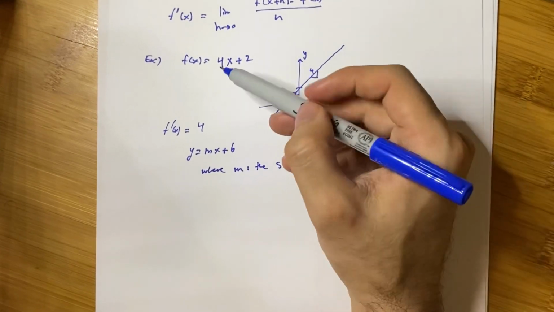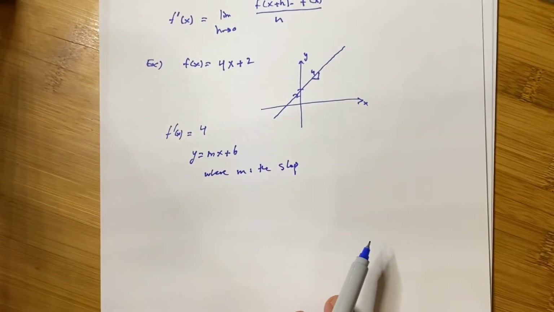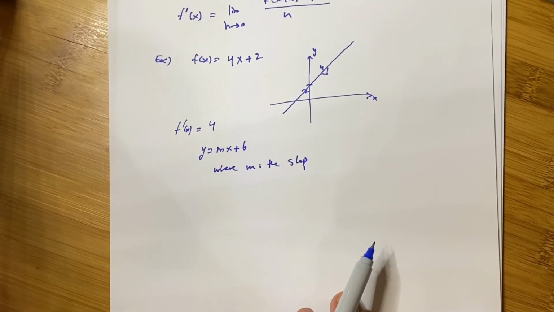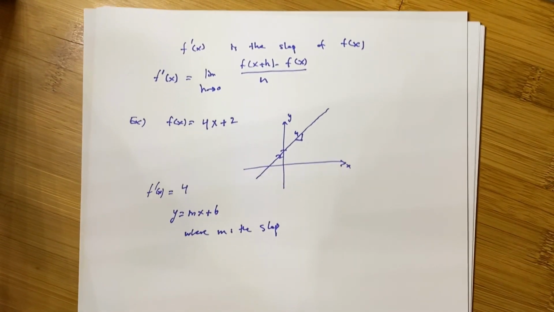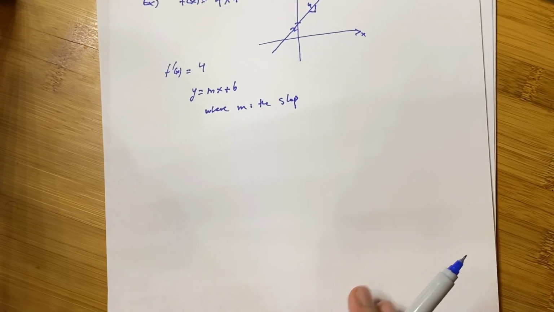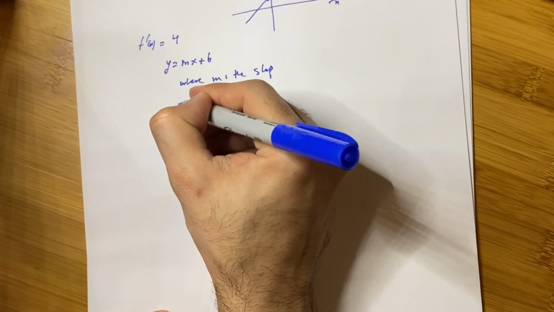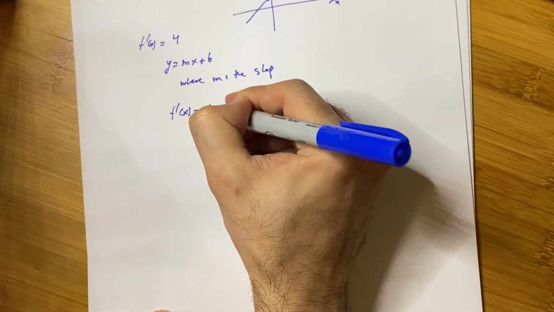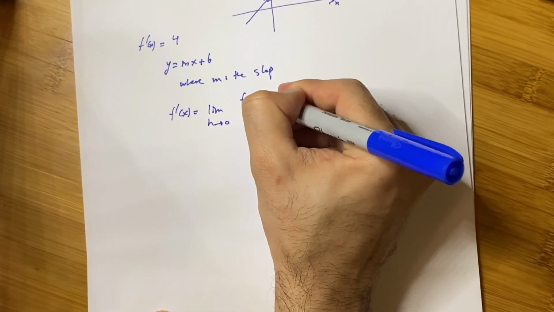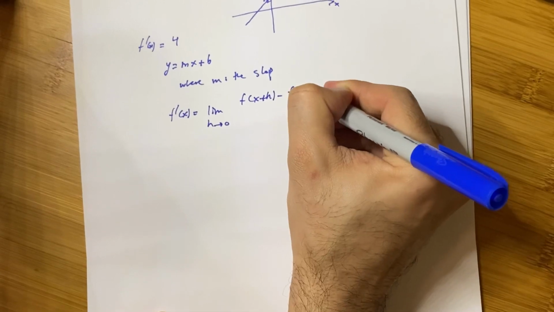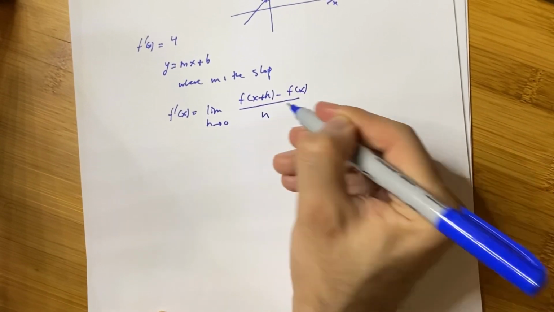That's why 4 is the slope here. But let's try to use the definition of the derivative. Apply it here. So f prime of x will be the limit as h goes to 0 of f of x plus h minus f of x, and then over h.